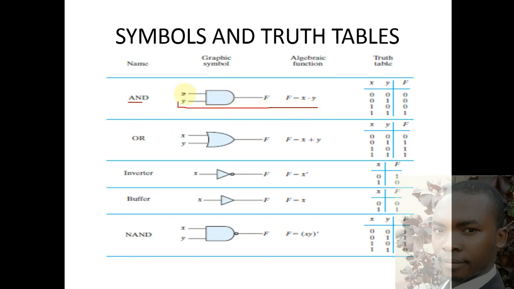If you have X and Y and you pass them through the AND, you get a function F. This is equivalent to F equals X times Y. Then the OR gate is equivalent to X plus Y. Then this is an inversion.